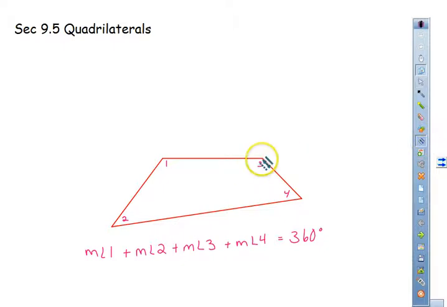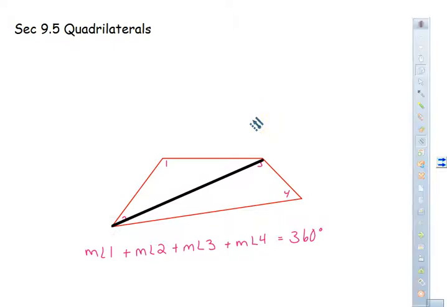Now, if you recall, we also did a lesson last week on triangles, and we learned that there were 180 degrees in one triangle. Well, if we look at this quadrilateral, if we cut it in half, go from one side to another, it creates 2 triangles.